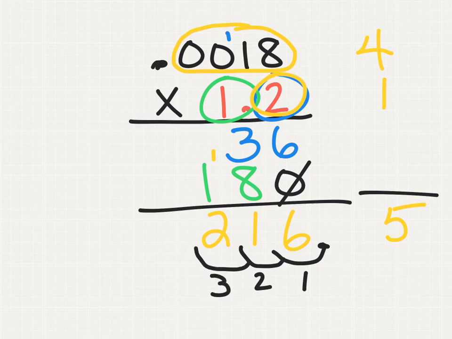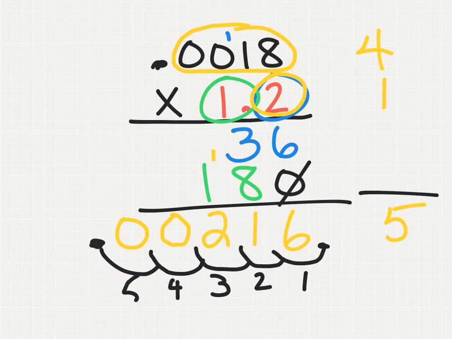What do I need to do so that I can move the decimal 2 more times? If you're thinking add zeros, you're thinking exactly right. Move it the 4th time, add another 0, and move it the last time, and place my decimal.